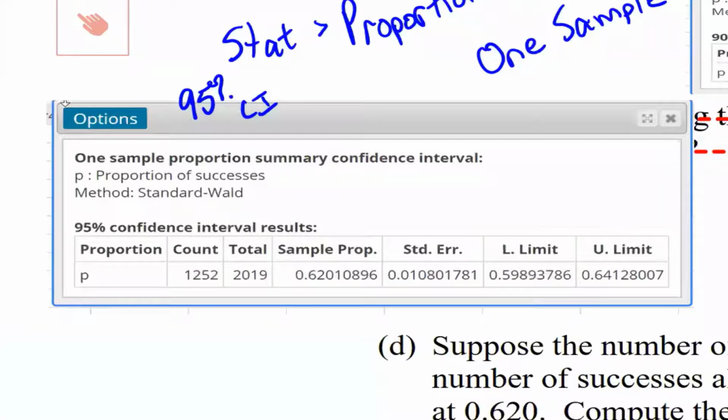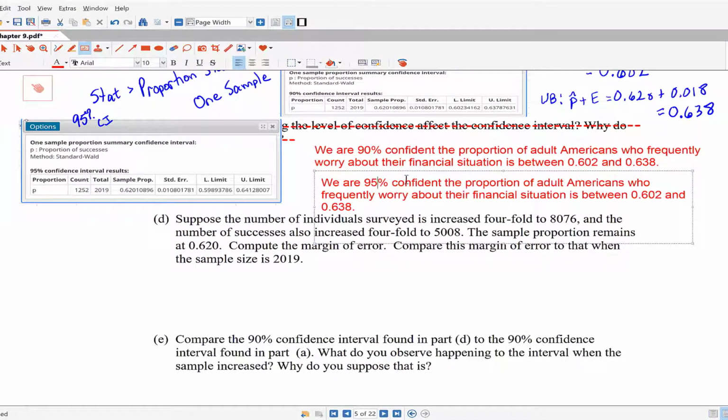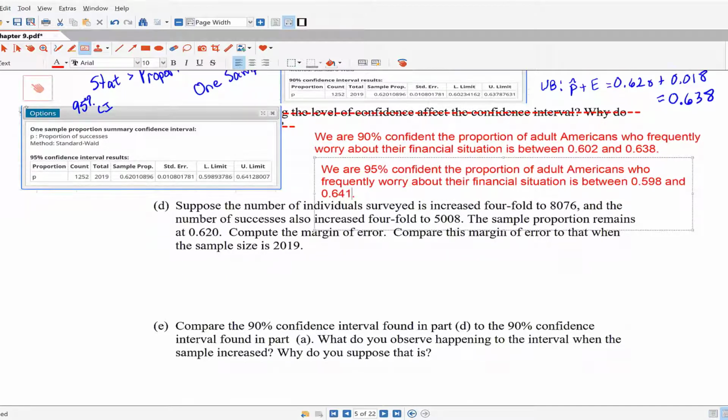And so here we can say we are 95% confident the proportion of adults who worry about their financial situation is between 0.598 and 0.641. And so, yeah, the interval got wider as I increased my level of confidence.